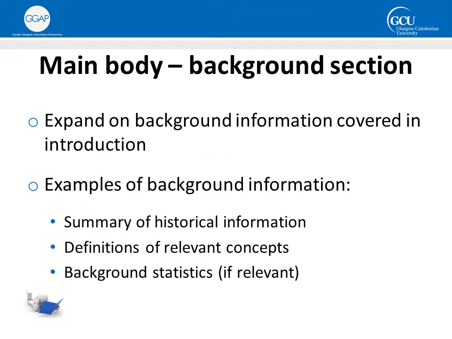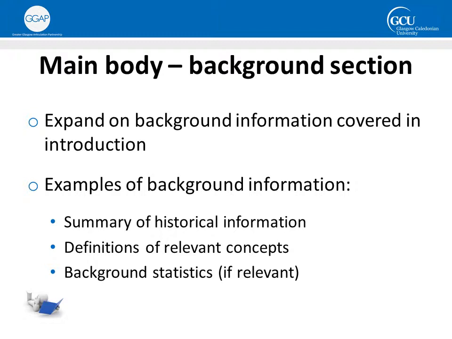The main body of most essays will start with a section that sets the scene or covers some of the background information. You might be wondering why this information wouldn't go in the introduction, but remember that the introduction should be quite concise. It might contain some background information, but it shouldn't go into detail.